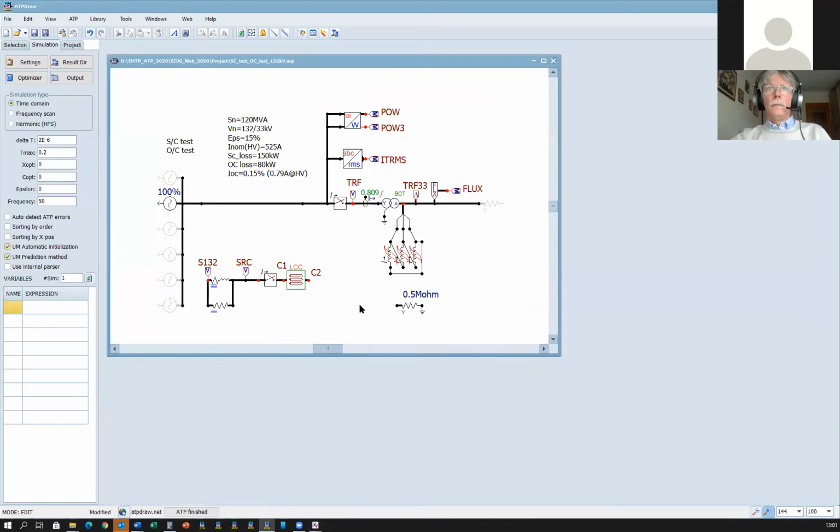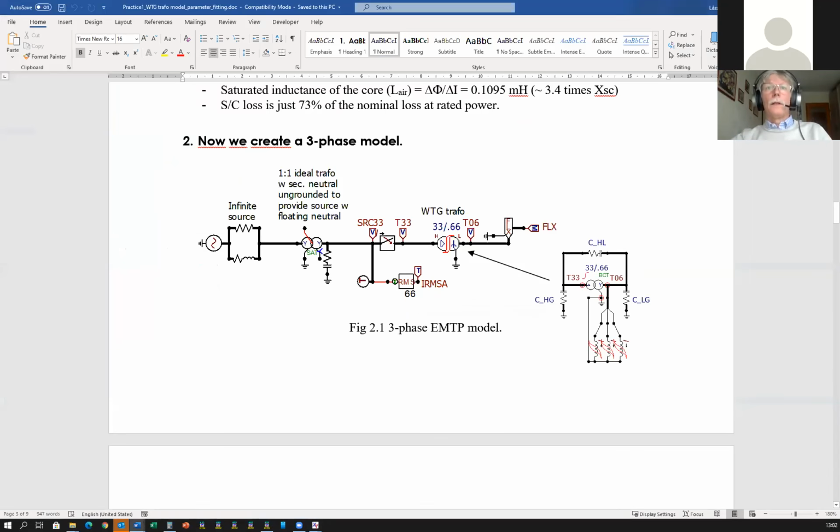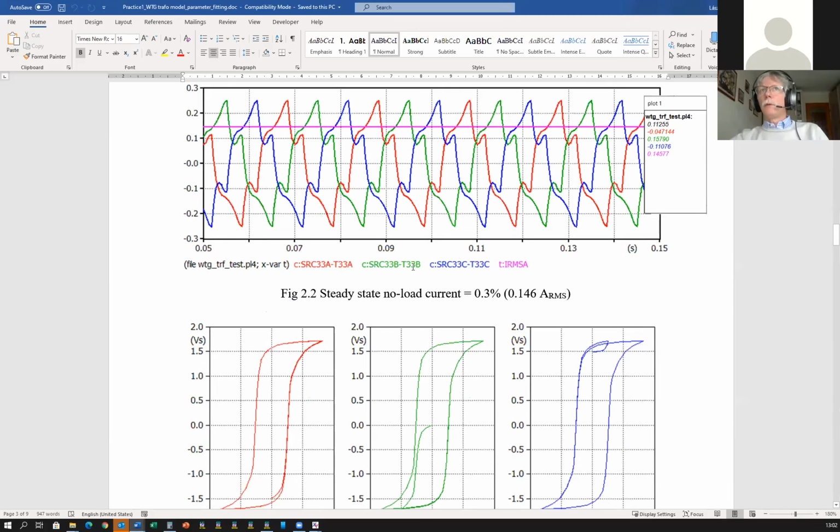So test, build the model step by step. Otherwise, there is no chance to get a reliable transformer model. Let's run quickly through this document. If you have a reliable transformer model like this, you can reproduce the no-load test.